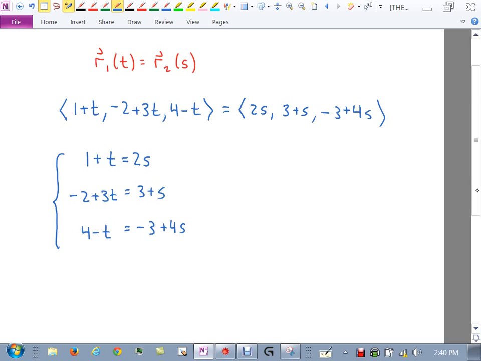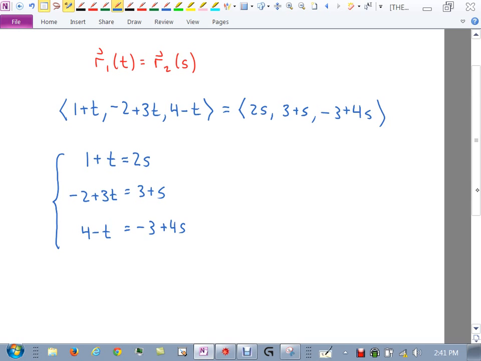All right, so how would you want to go about that? Okay, so you said the word. You could use substitution, or you could use the other method, which is called elimination.